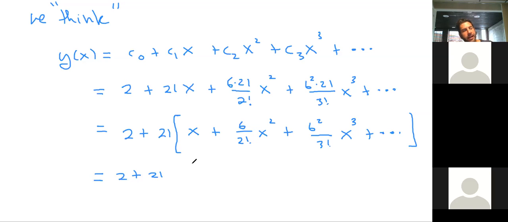Or instead of factoring it out, why don't I get a little creative? What I'm saying is look inside the parentheses. That looks like something. It's not exactly something, but it looks like something that at this point you should know. It looks like the power series for the exponential function.